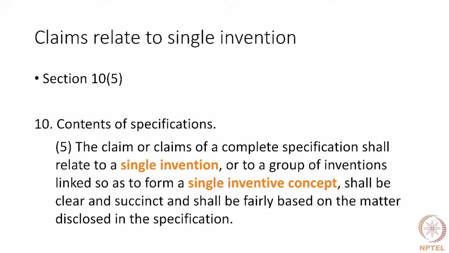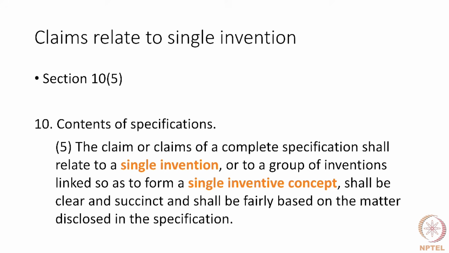Now, multiple inventions would normally be covered by different patent applications. In case you file an application with multiple inventions in it, there is a procedure by which you can later on divide the inventions into separate applications by filing a divisional application.